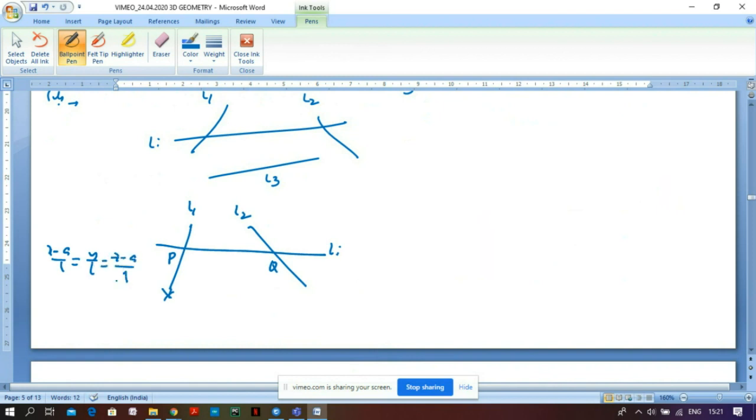So it has a point (a, 0, a) and direction ratios 1, 1, 1. Similarly, line L2 is (x plus a) over 1 equals y over 1 equals (z plus a) over 2. So it has direction ratios 1, 1, 2, and a point on it is (negative a, 0, negative a).